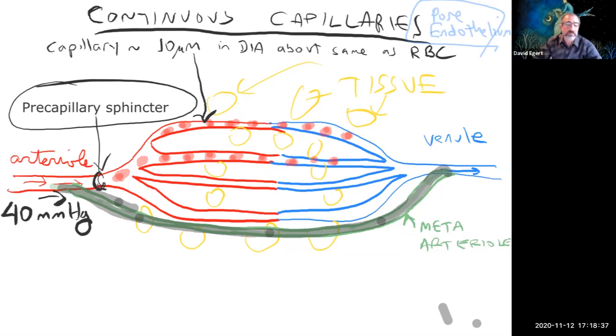So that's like the mean arterial pressure as you enter into a capillary bed. At the other side, by the time you're leaving, going through these tiny little tubes, you're down to about 20 millimeters of mercury. And this is going to be important in a few moments.